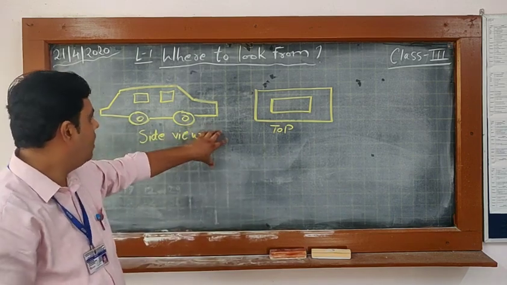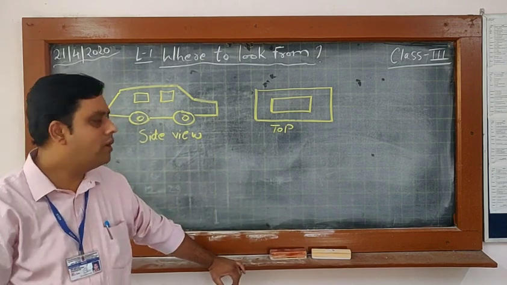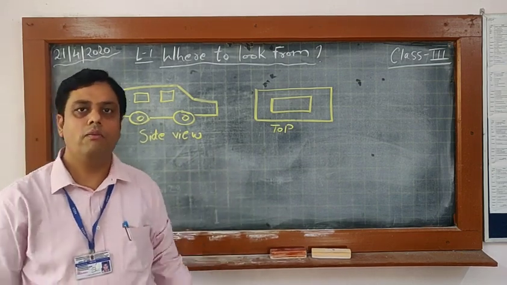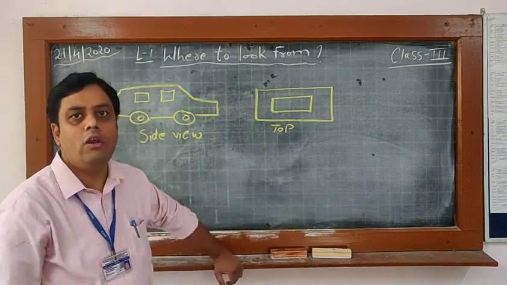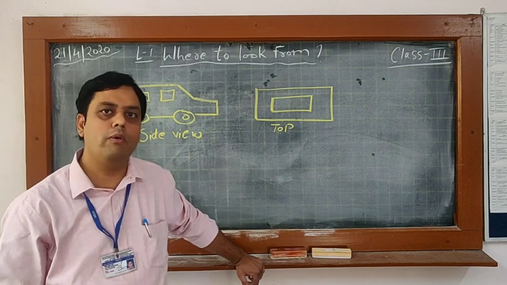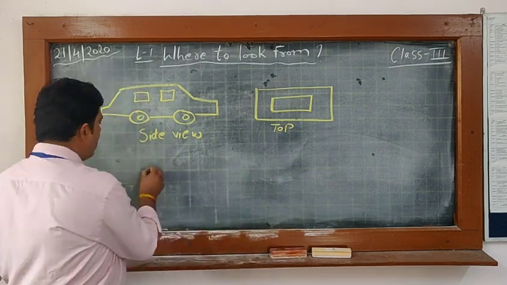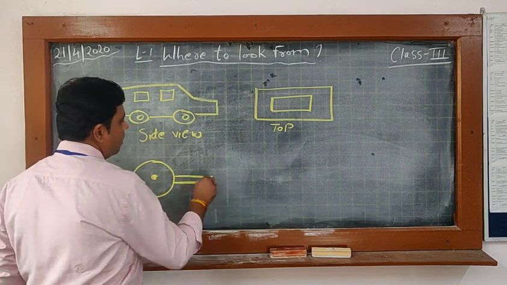And like this, different things, if we see, they will look different from the different views. See, one more thing found in your mother's kitchen, it is pressure cooker. If we see the pressure cooker from the top, it will look like this.